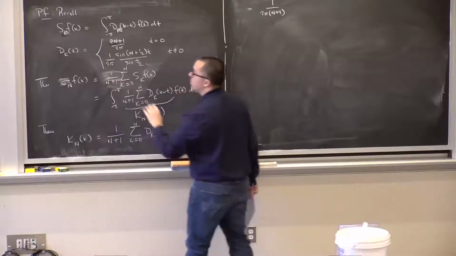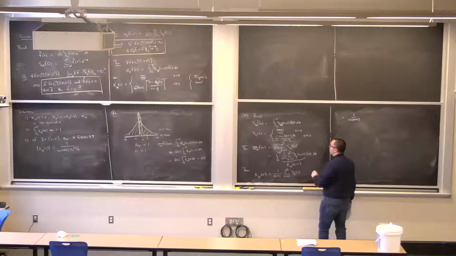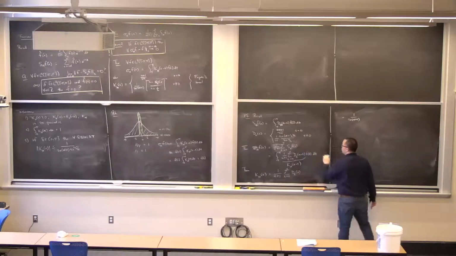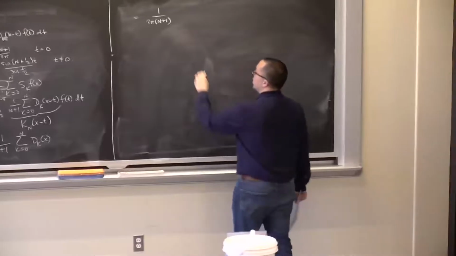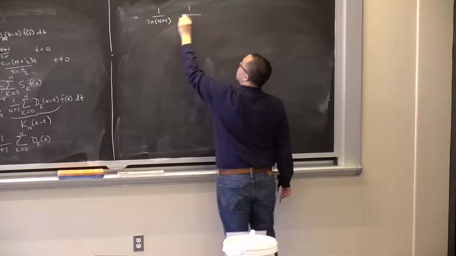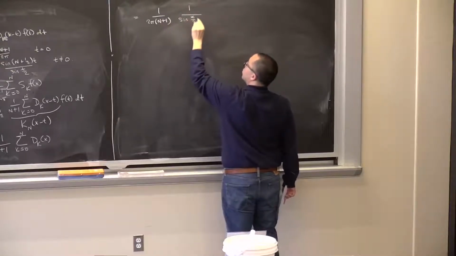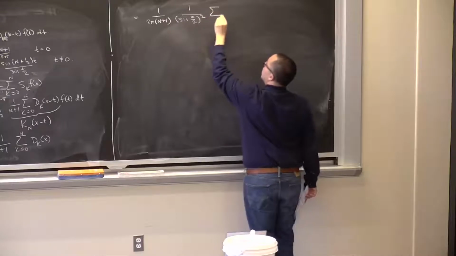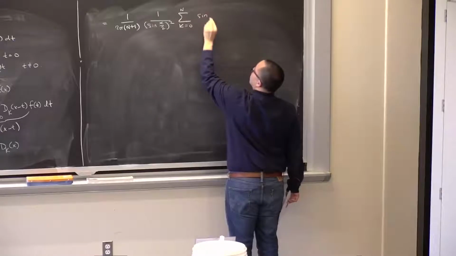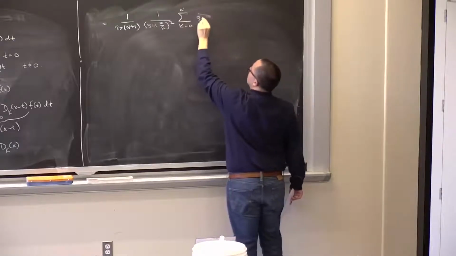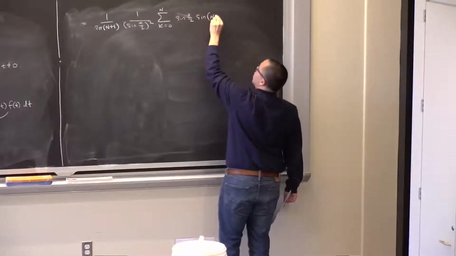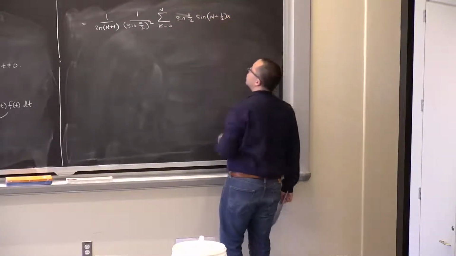X equals 0, you'll get what you get, but let's look at x not equal to 0. So I plug in this formula and pull out sine x over 2 squared on the bottom, and then I get the sum from k equals 0 to n of sine x over 2 times sine k plus 1/2 x.